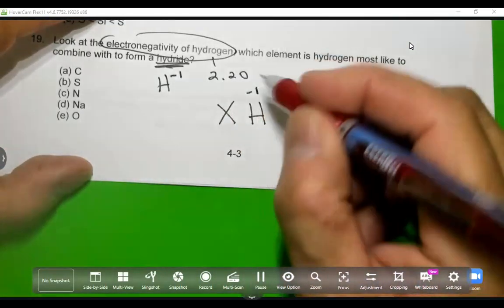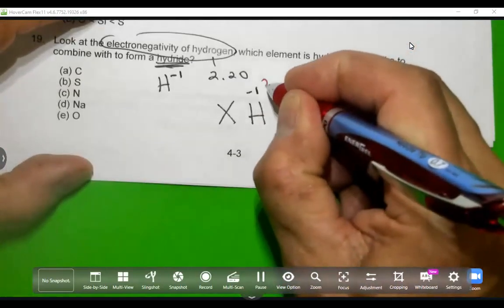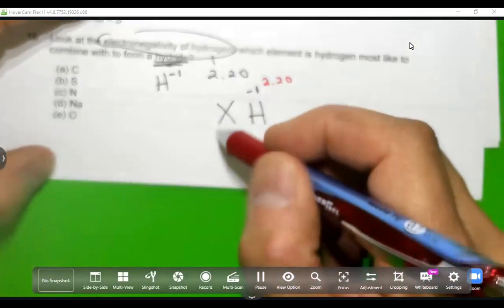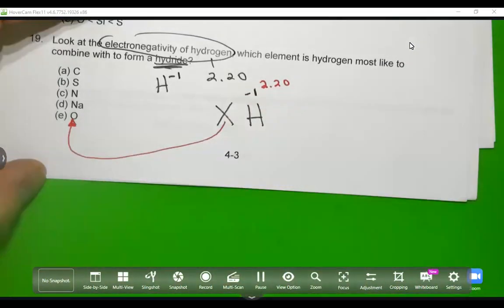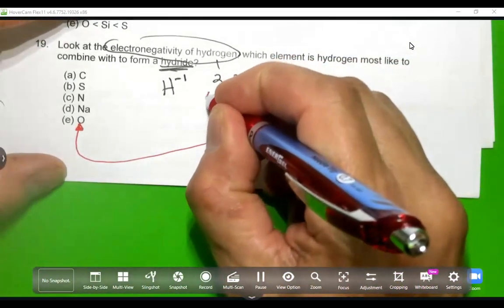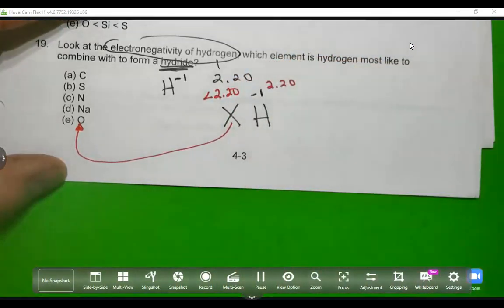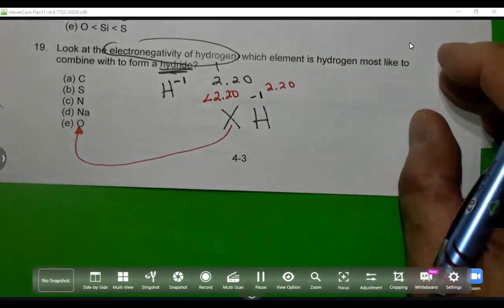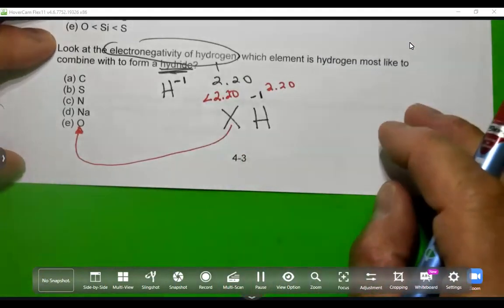Whichever one has the highest electronegativity gets assigned the negative charge. So hydrogen is 2.20, and this X just has to be less than 2.20. We're just looking for one that's less than 2.20. So that's going to get assigned the positive charge and hydrogen is going to get assigned the negative charge.